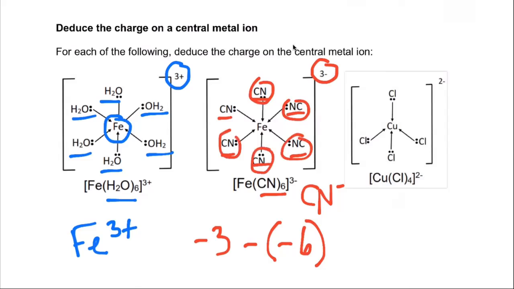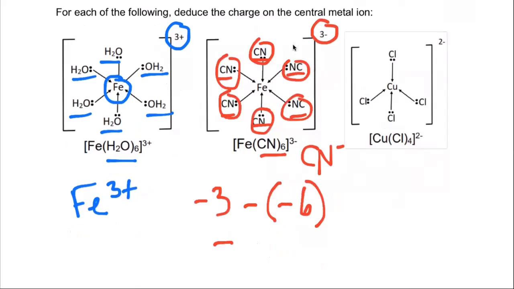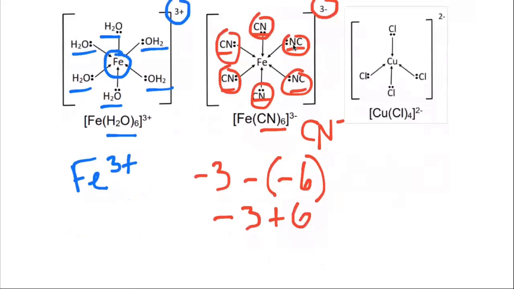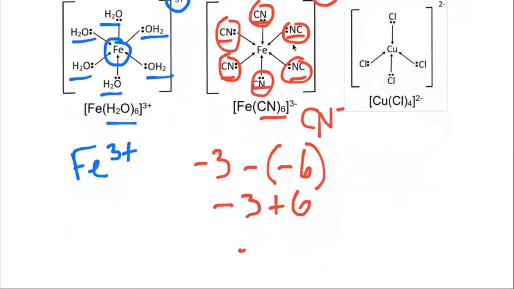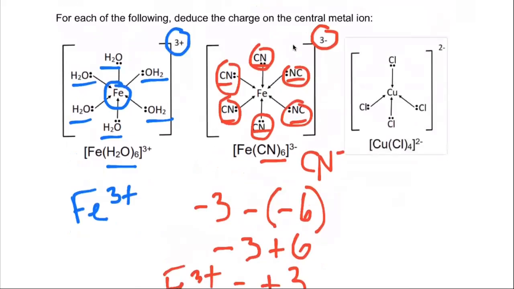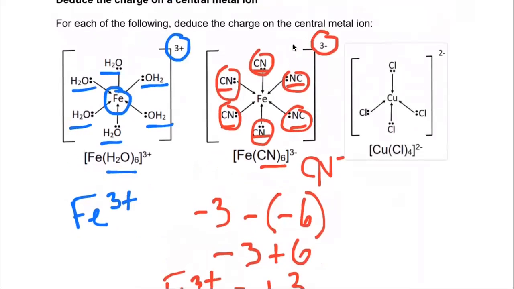What happens when you subtract a negative? It turns positive. So I end up doing -3 plus 6, which is a +3. So I can see that this is still Fe3+, but I had to do a little bit of math to get there, because the complex ion was not 3+, it was 3- because of all the cyanides.